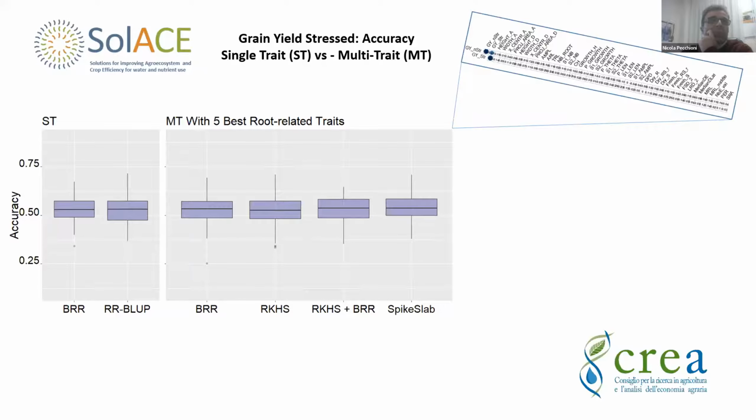But when we tried to use as covariate 5 different best root-related traits in the multi-trait genomic selection, using different models, we had, at the moment, not a significant increase in the accuracy of prediction for grain yield in the stress conditions.